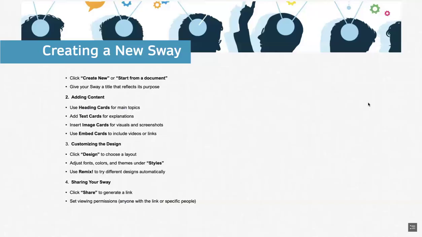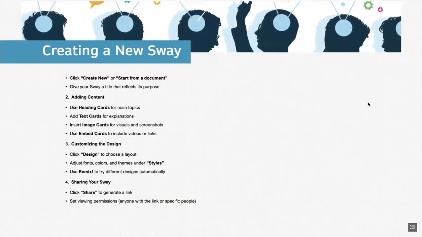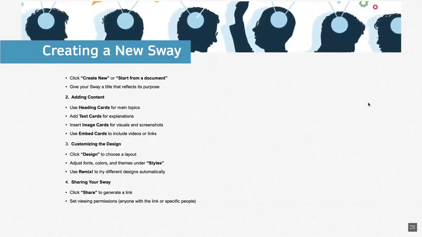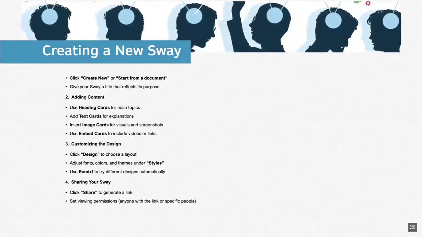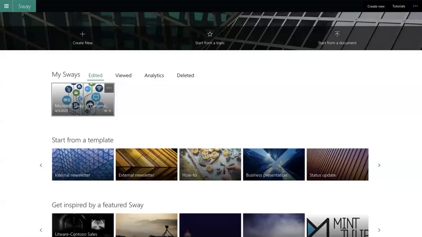Now, in order to create a Sway, you're just going to want to go on the page. You can go in and type sway.official.com. And then you can either sign up with your Microsoft account, or if you don't have a Microsoft account, you can create a free one.